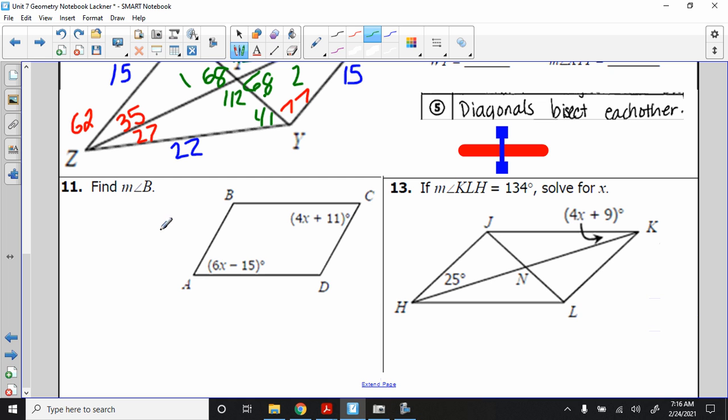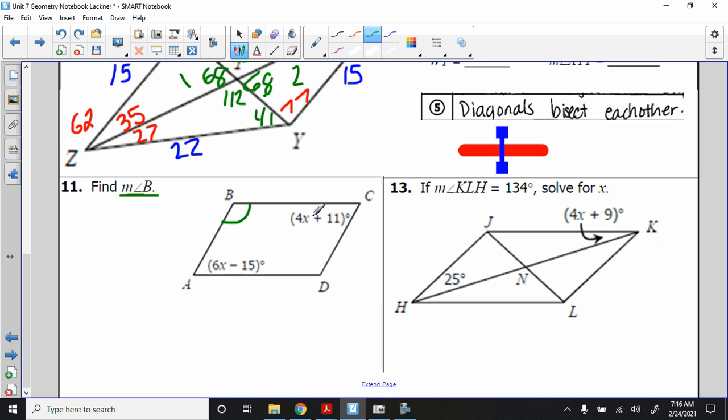Number 11, find angle B. Okay, so what you'll need to do is when you have to find the measure of an angle, that means we're finding X and plugging it in. So angle B up here is not going to help us. I mean, if we get X here and plug it into A and C, we still will need more information.